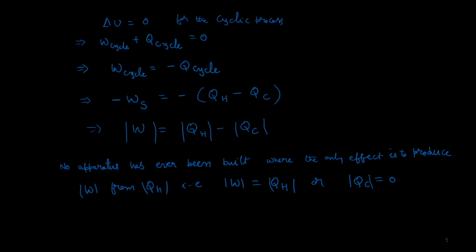So this is the basis for the first statement of the second law, which says that it is not possible that the only effect of any process cannot be to produce work from heat absorbed.